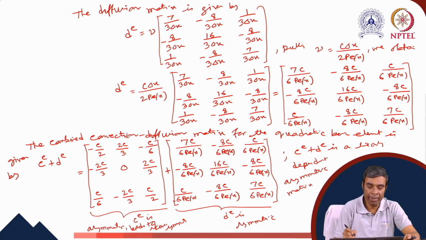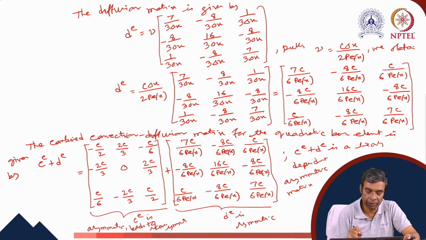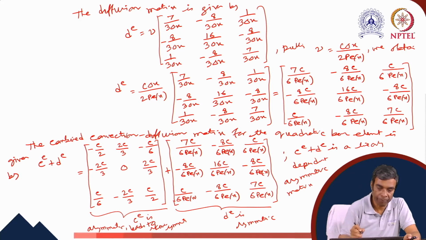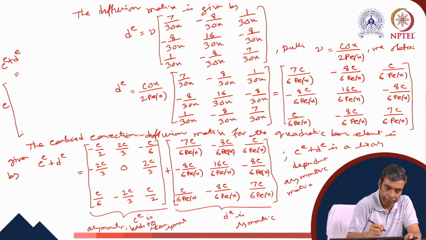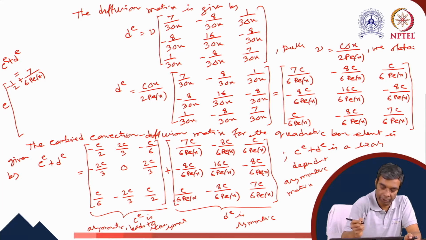So by combining these two expressions, we can take the convection velocity outside and then we can get a simplified form. So CE plus DE, it can be expressed as C into minus half plus 7 by 6 Pex, this is the first term.